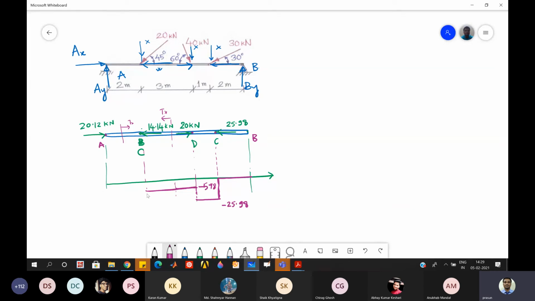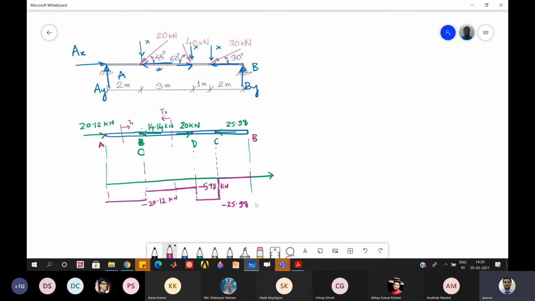Okay, so you just show a line which is just below this line, in the negative sense. You can see this 20 will be just smaller than this 25. So this is 20.12 kilonewton.